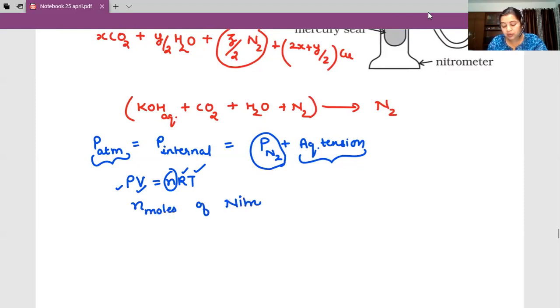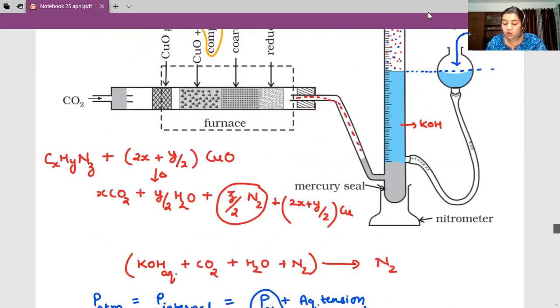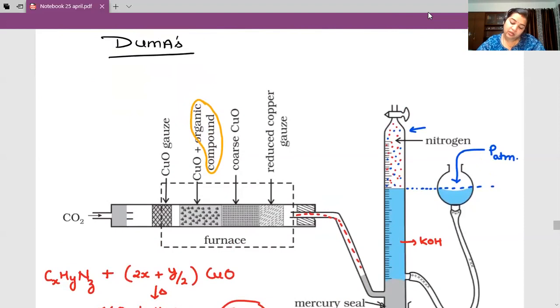Once we find the number of moles of nitrogen, we know the weight of nitrogen. This much weight of nitrogen was present in this unknown organic compound, and let me take that we have taken X grams of the unknown organic compound to start with.